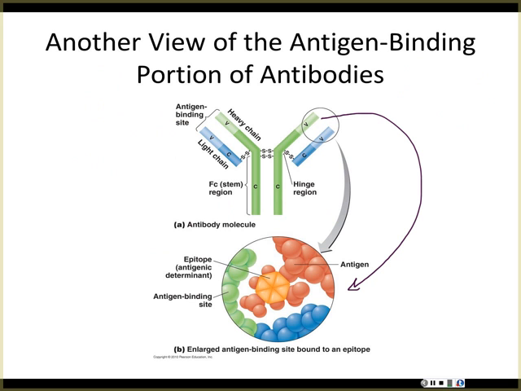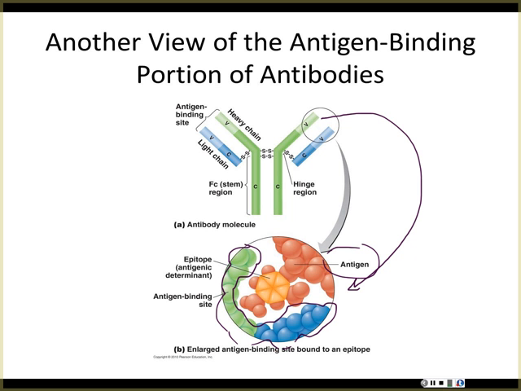So at the tips, you're going to have a perfect little 3D pocket that is a very specific match for this antigen, whatever it is. That could be a molecule on a virus, a bacterium, a parasitic worm, whatever it may be. The tips of the antibodies have a very specific little pocket. Same thing with the T cell receptors on the T cells. They have a very specific little pocket that attaches to a particular kind of antigen.